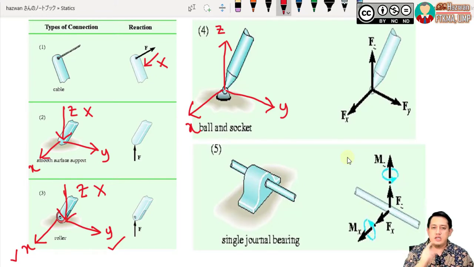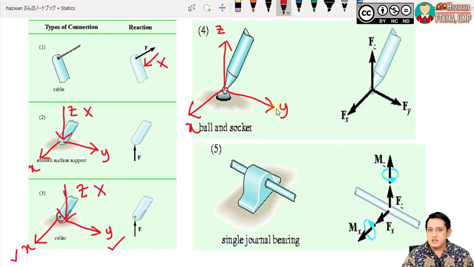Ask yourself, can we move this ball in the X direction? Can or not? The answer is cannot. If the answer is cannot, it means we will have a reaction force in the X direction. Same for Y. Can we move it in the Y direction?